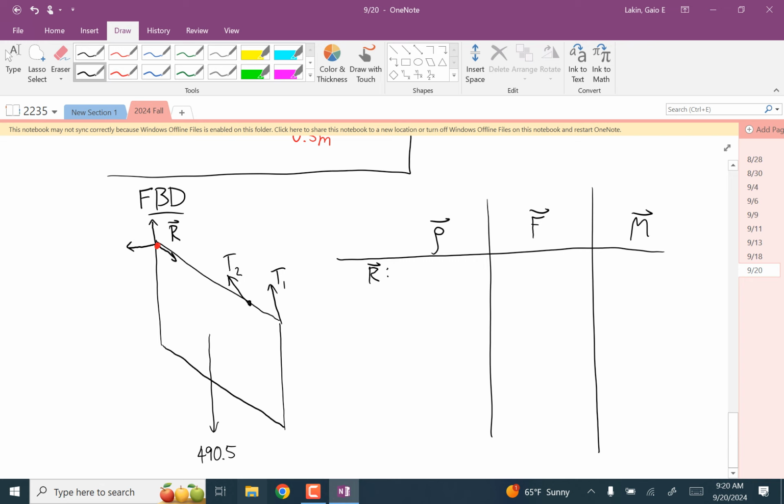What's the row vector for R? 0, 0. Yep, and this is 3D, so you got to go 0, 0, 0. Now, because remember, in 2D, all of our moments just had a Z component. Now they're going to have all three components. It's going to be chaos. The force is Rx, Ry, Rz. And the moment is zeros.